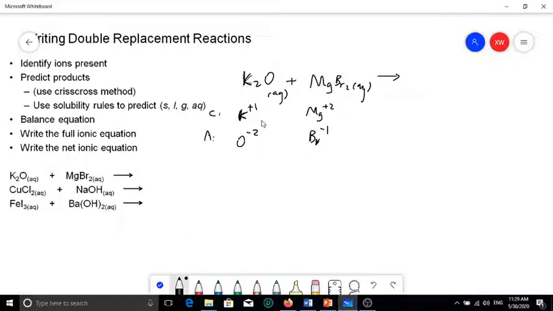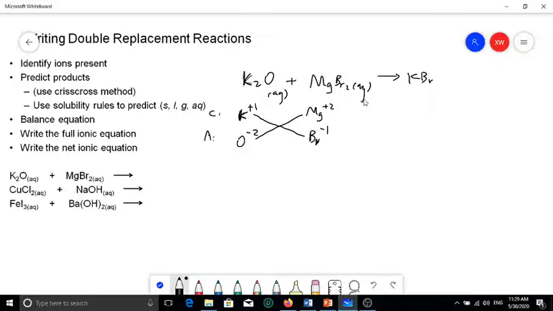Now, the crisscross method is you're going to cross the first cation to the anion of the second compound, and the same with the other two, so you can form new combinations. So between K and Br, not only are you going to write them together, you have to examine what ratio, what charge they have. The charges are going to be the same over the other side, but what ratio do you need to balance the charge?